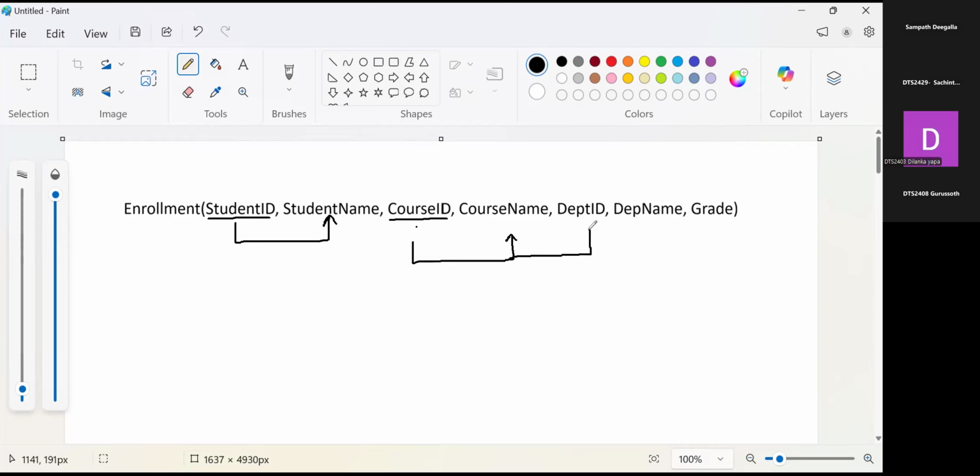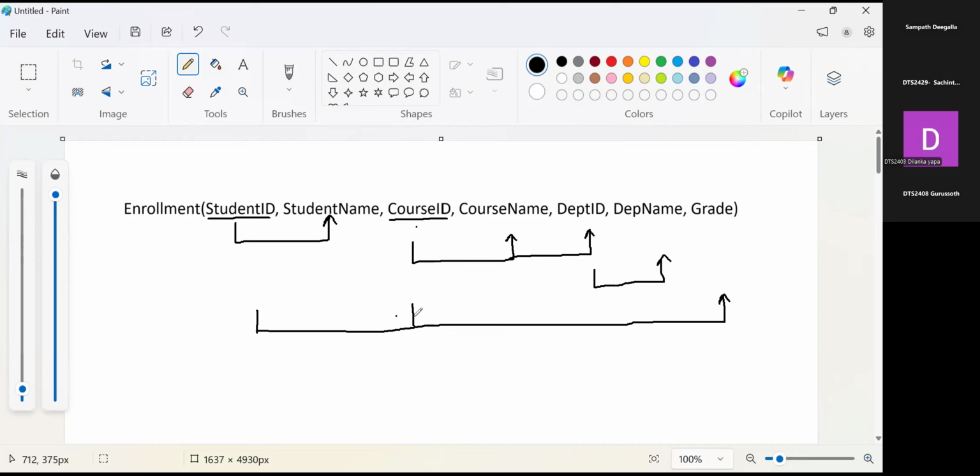I included both, assuming the department will offer the particular course. Third one, using department ID, you can determine the department name. Then using both, which is the primary key, you can determine the grade.